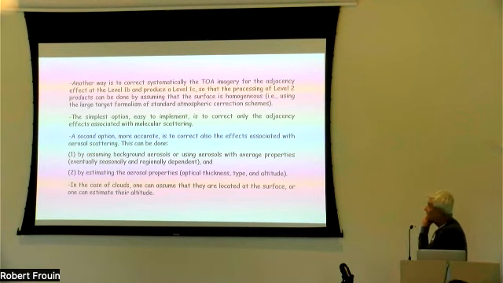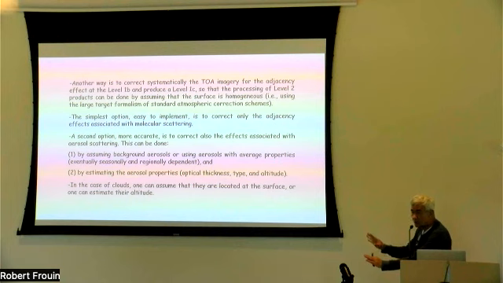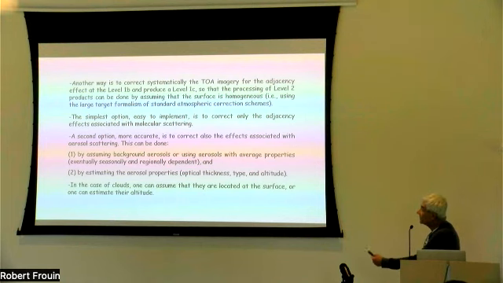So the first way is to have algorithms that are robust to adjacency effects. But another way is to correct systematically the top of atmosphere imagery for this adjacency effect at level 1B and produce some kind of level 1C, so that the processing of the level 2 product can be done by assuming that the surface is homogeneous.